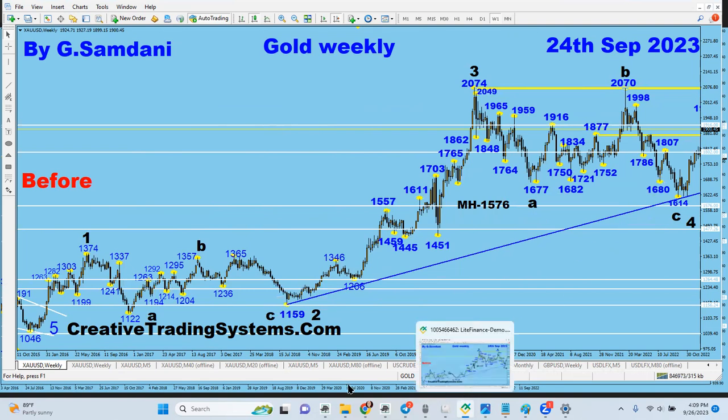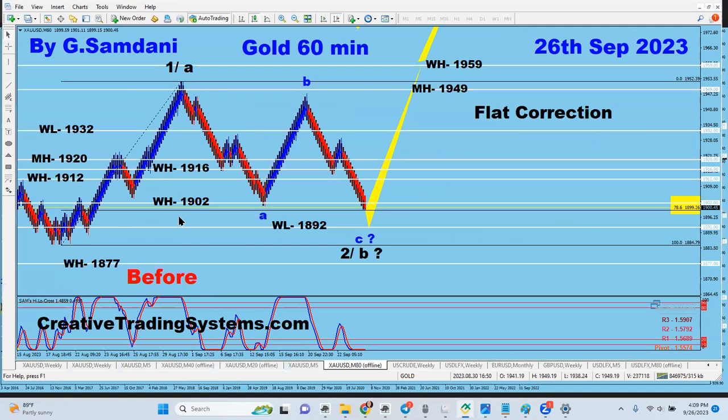So yeah, that's what happens sometimes. In wave 2, you will see a flat, which we are making right now at 78% of this rise. So if we can stay above this, or maybe drop a little bit more to 1892, which is a weekly low, this is where I think we're going to make the turn and go to the upside.